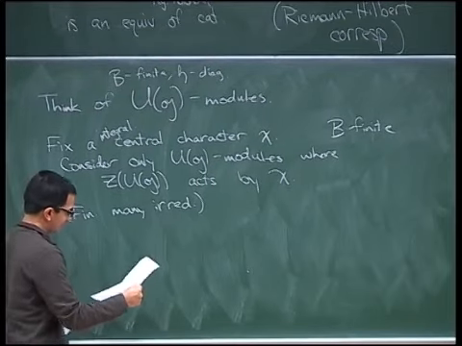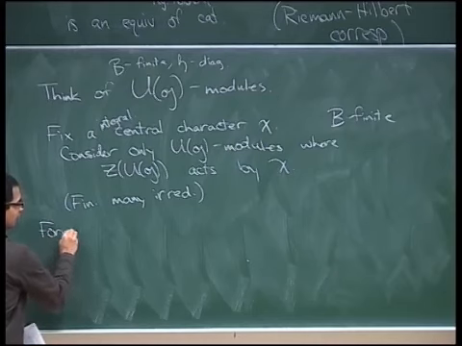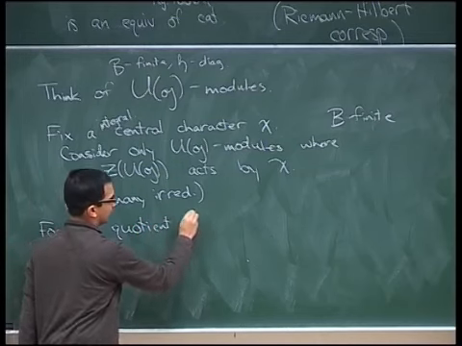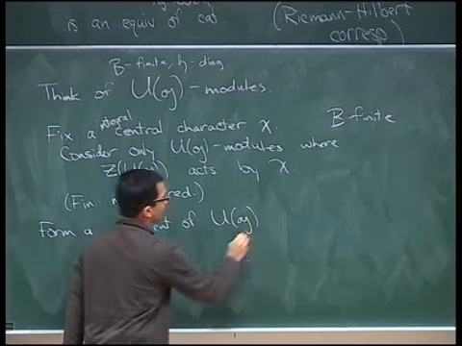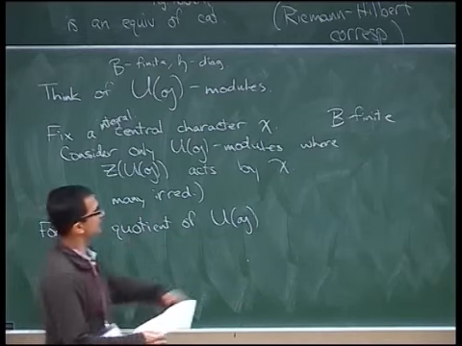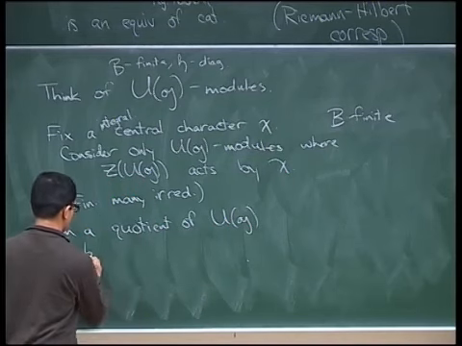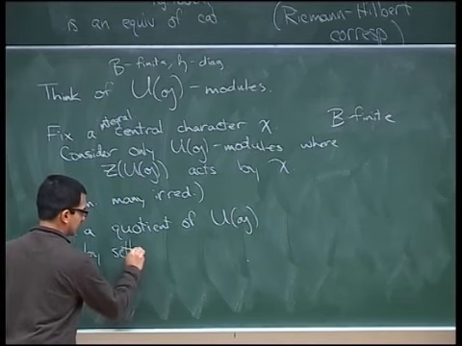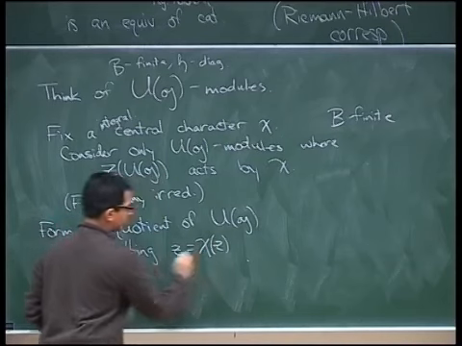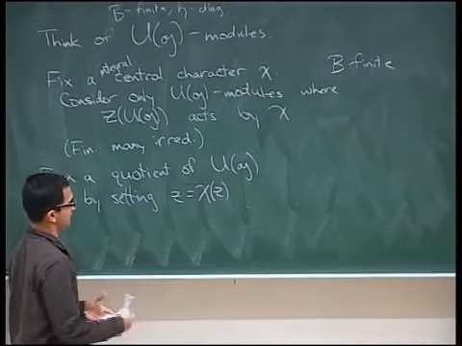Okay. So let's form a quotient of U of G just by identifying every element of the center with the scalar that it's supposed to act by according to the central character. So a central element is going to be equal to its character value, which is a scalar.